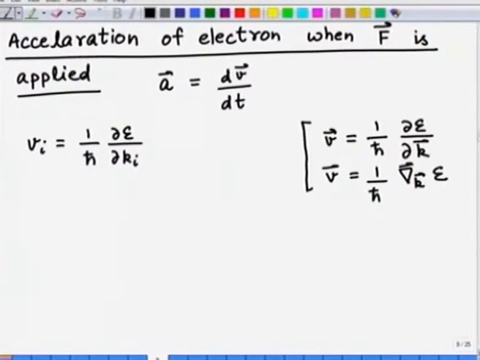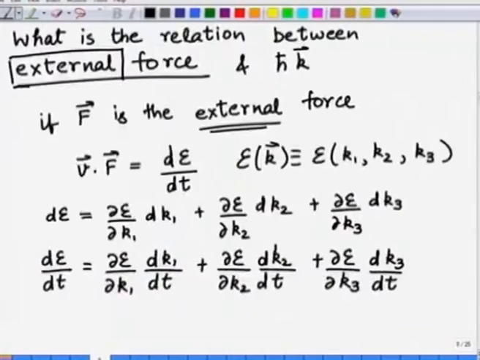If that is the case, let us find what this quantity dv_i dt, the total derivative, is. Remember, we will do the same exercise as we did for energy on this page. On this page we wrote dE and then calculated the total derivative through this expression.